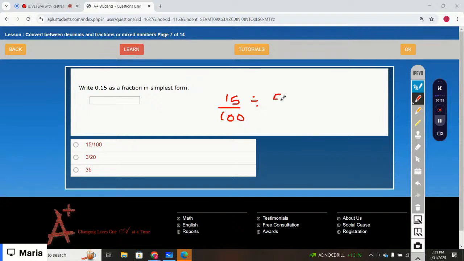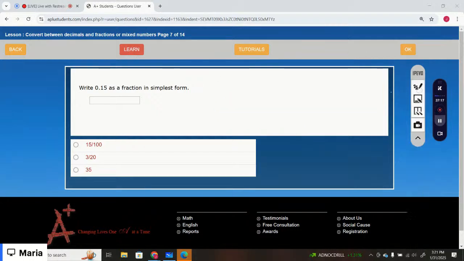You can divide them by 5. That is 3 over 20. Option number 2 is the correct option. Got it?